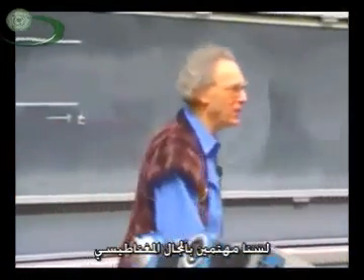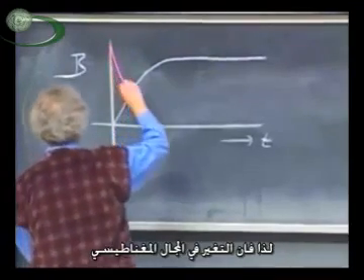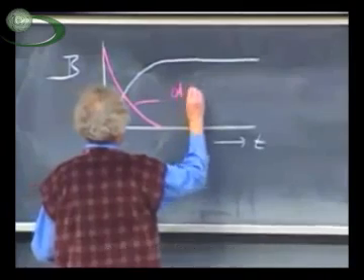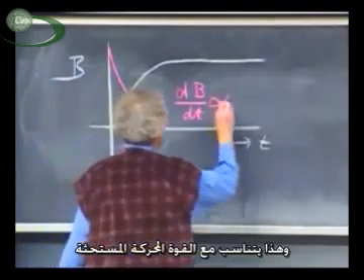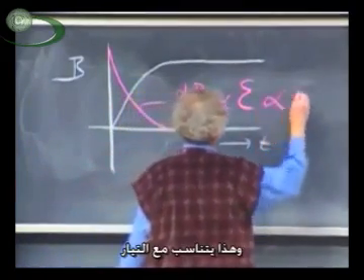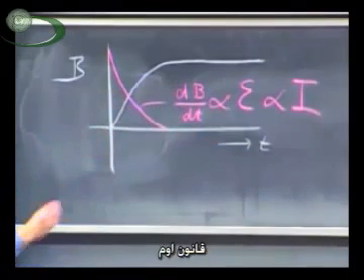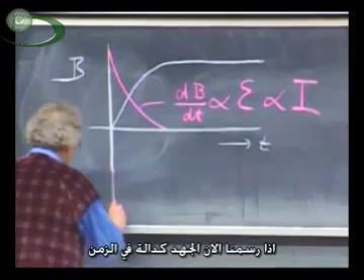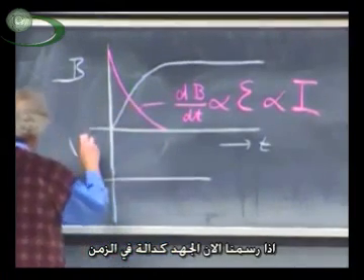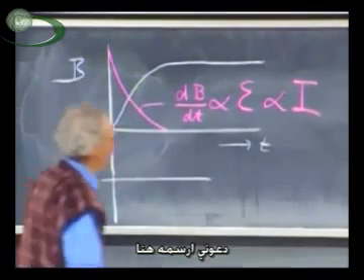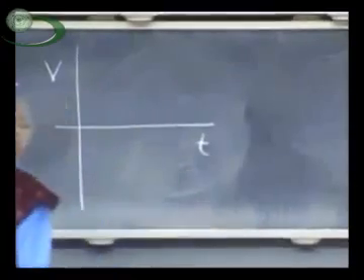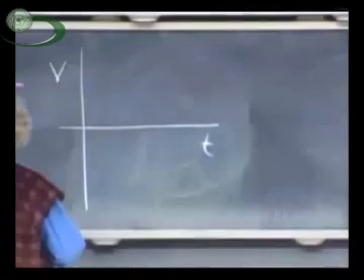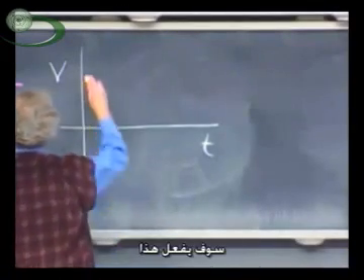We are not interested in the magnetic field. We're interested in the change of the magnetic field. So the change of the magnetic field, dB/dt, is going to be something like this. That's the derivative of this curve. And that is proportional with the induced EMF, and that's proportional with the current through Ohm's law. So if we now plot the voltage as a function of time, then that voltmeter on the right side, I call that V2, will do this.